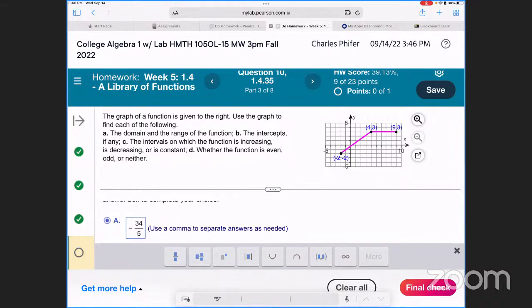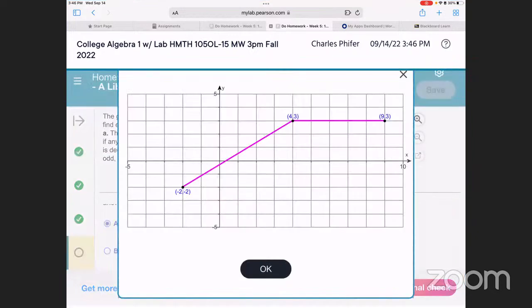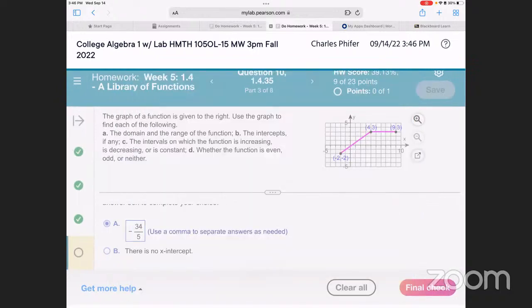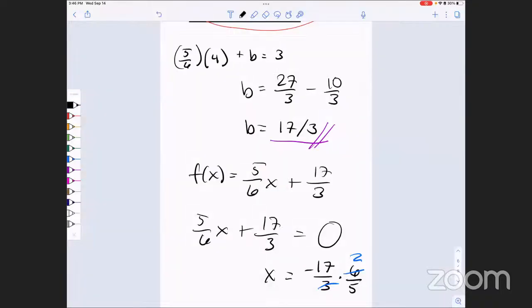I guess I'm just not confident in that because you can see that it should be positive. Let me see. I'm trying to find this error. Positive. That's not the right y-intercept, because that's like 3 2/3.